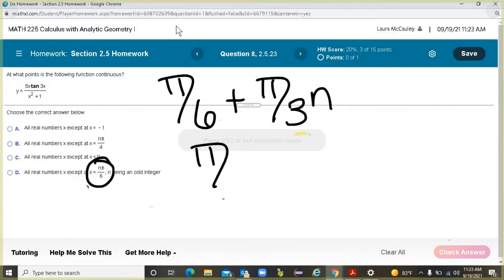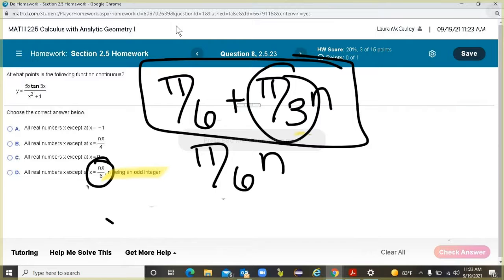So they're thinking, okay, well, this is pi over 6. And then they say for n being any odd integer. So notice that if you put in n odd, that'll get you a pi over 3 jump because it'll be a 2 jump. So that's why they had it written like this.